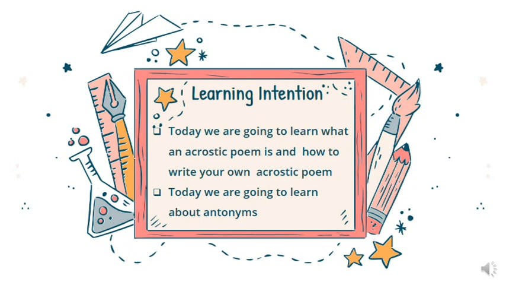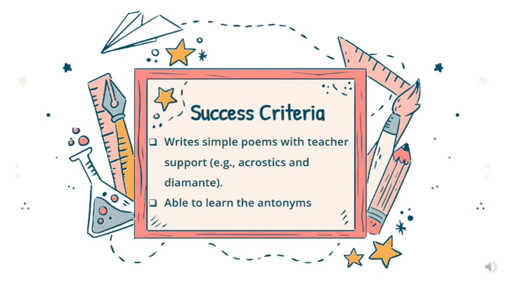Today we are going to learn what an acrostic poem is and how to write your own acrostic poem. And also, today we are going to learn about antonyms. And the success criteria for today's lesson is you will be successful if you can write a simple poem and if you are able to learn the antonym. So, shall we start today's lesson?